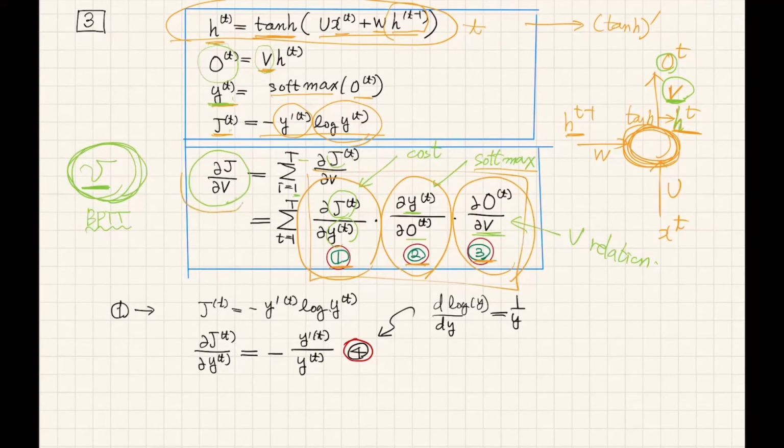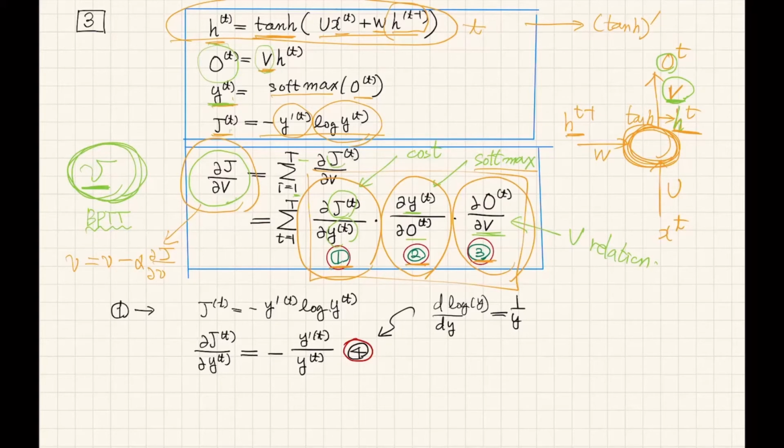That is going to be the derivative of the total cost function with respect to the V matrix. Then we can update the V matrix by using the gradient descent equation. So those are the sequences of our class.